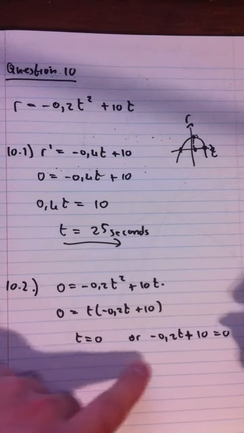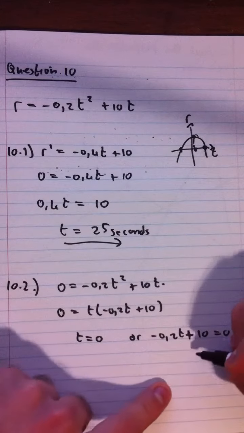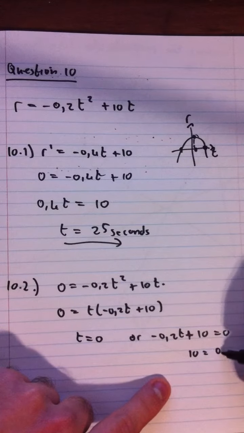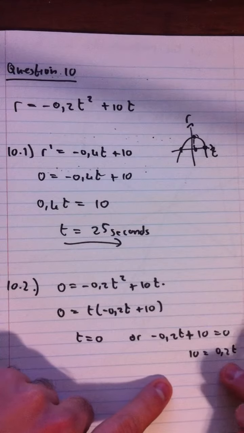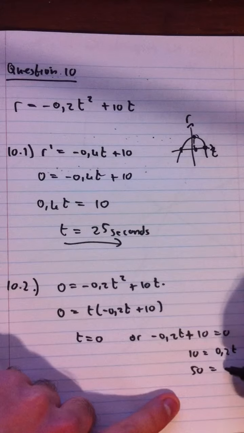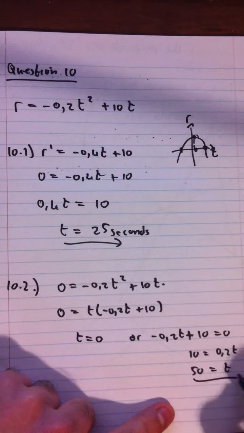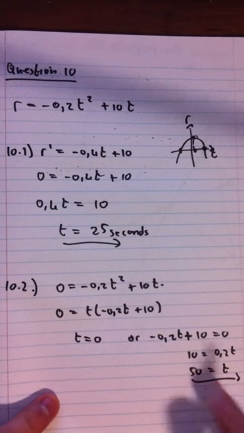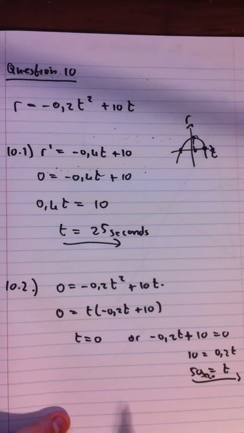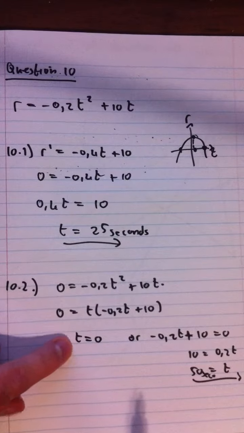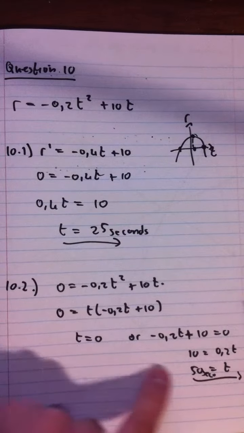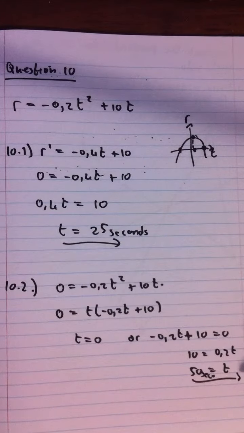In this case t equals 0, and over here if we solve for t, we get that 10 equals 0.2t, divide both sides by 0.2, and we're left with 50 equals t. So after 50 seconds, the flow will stop completely, and it starts at 0 as well. So it starts at 0, then it starts increasing in flow, and then at 50 seconds there's no flow anymore.